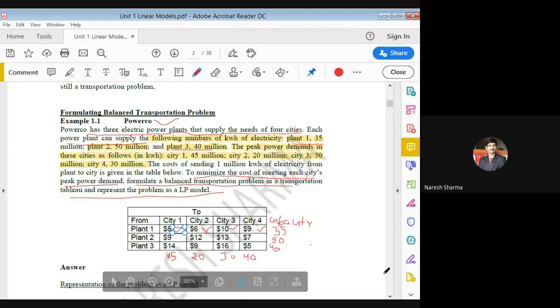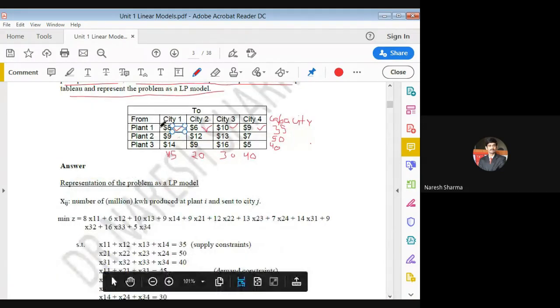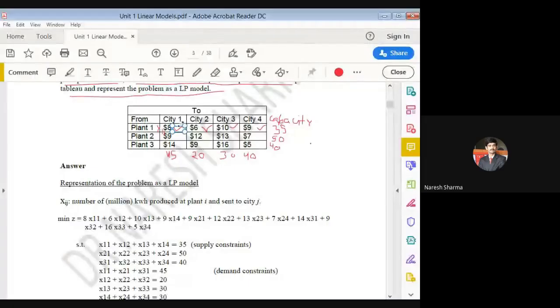So if we assume that we supply X11 units from plant 1 to city 1, similarly X12 units from plant 1 to city 2, similarly X13 units from plant 1 to city 3 respectively.